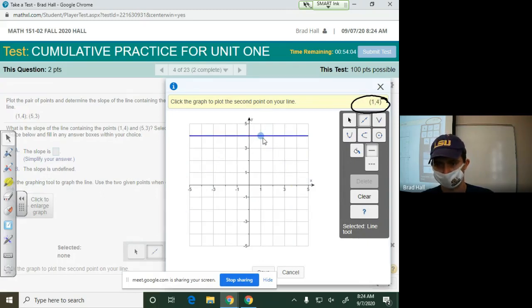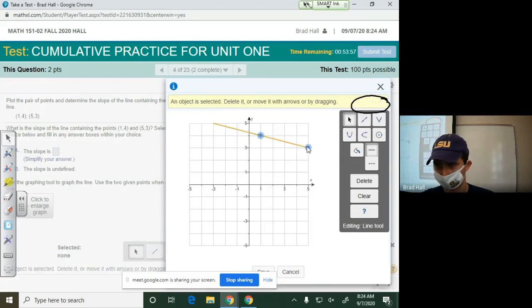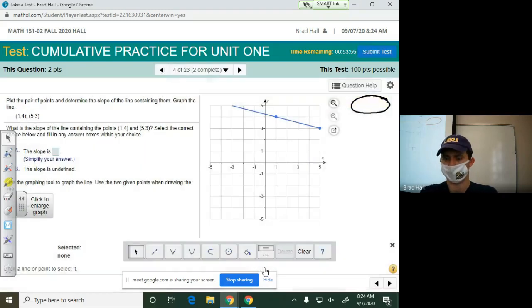So I plotted (1, 4) and (5, 3), and it does match in the top right. Again, a simple process, kind of a pain of software at times, just making sure you avoid pitfalls other students fell into.